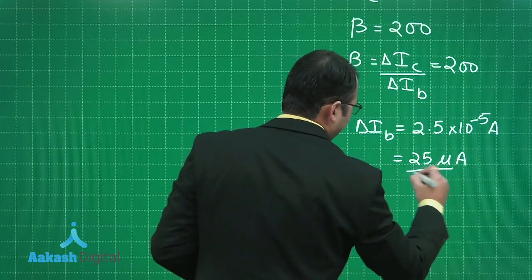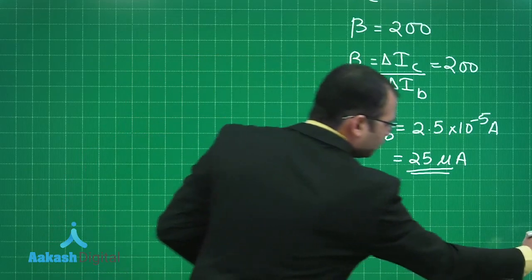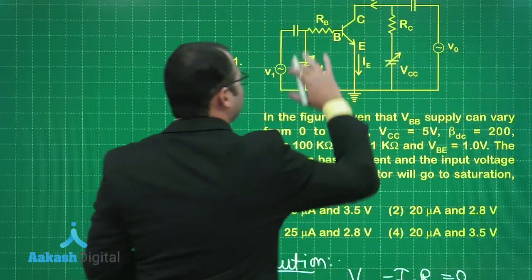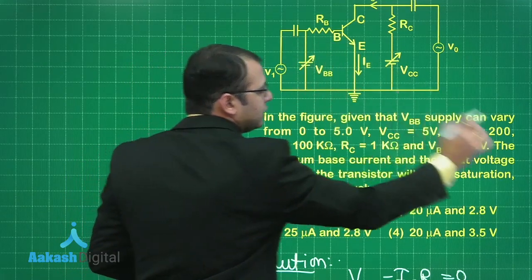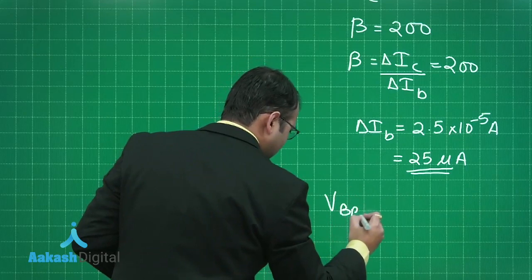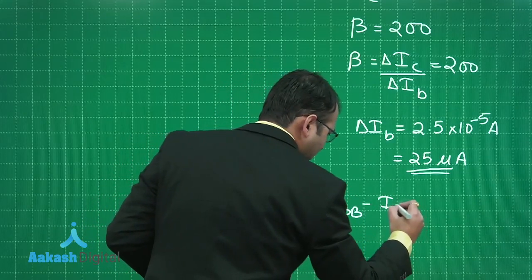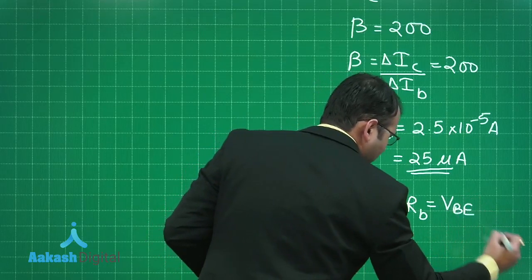This is the base current I have. Now let's talk about the value of VBB. If you have this supply here, then VBB minus IBRB should be equal to VBE.